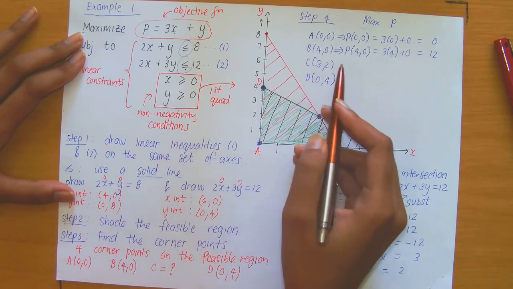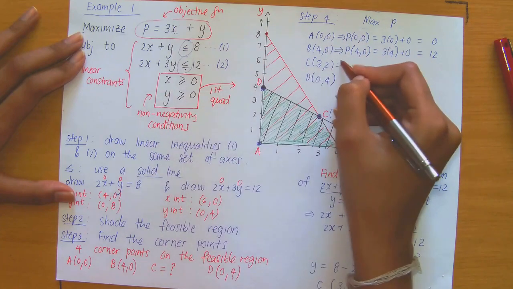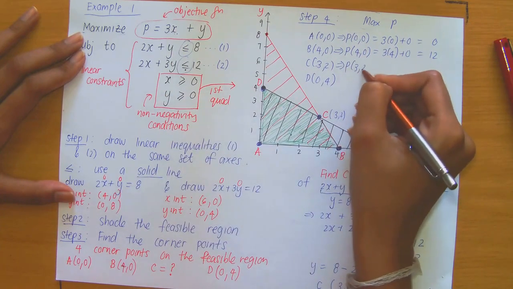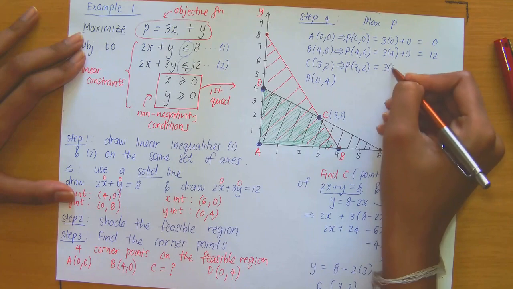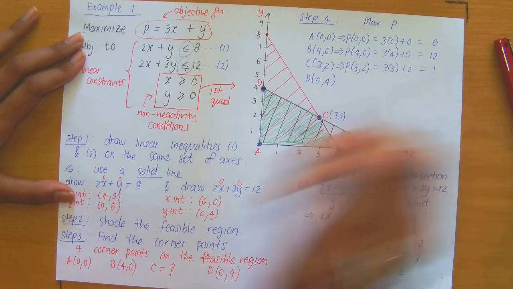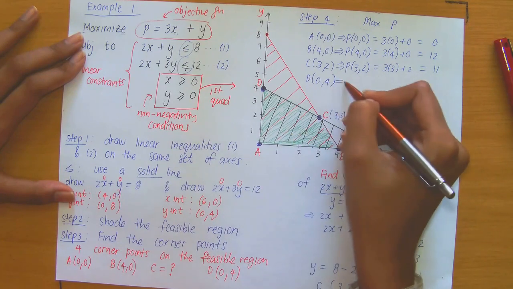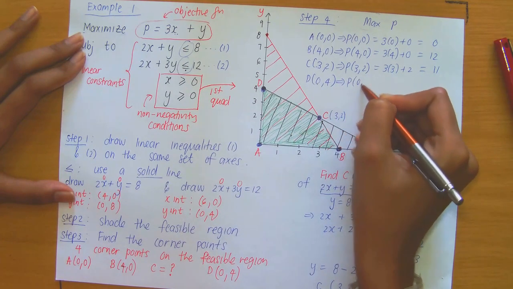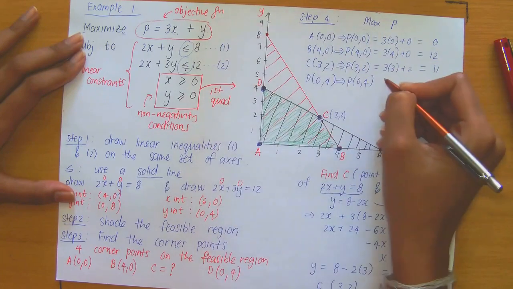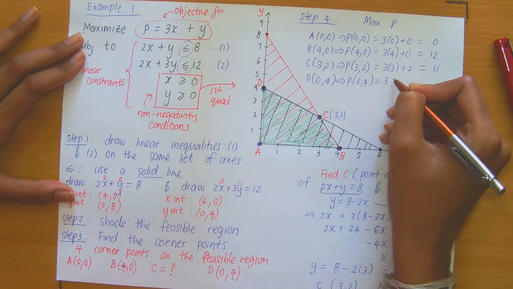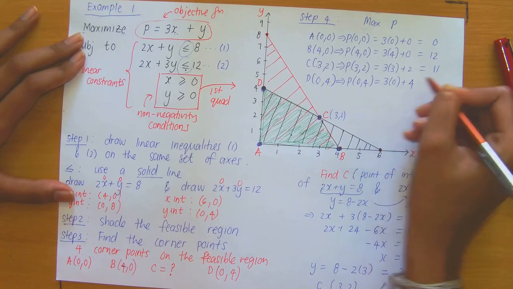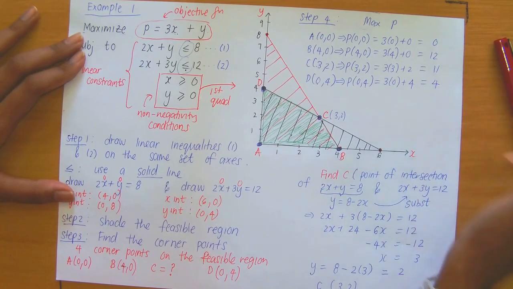Let's now work with coordinate C. So substituting it in there, P of 3, 2. This is 3 times 3 plus 2, which gives me a value of 11. And finally D. So I'm now substituting in 0, 4 into our objective function. So this is 3 times 0 plus 4, giving me a value of 4.